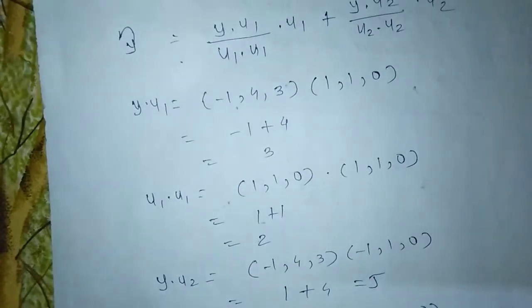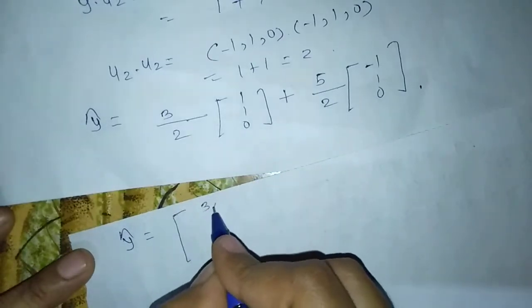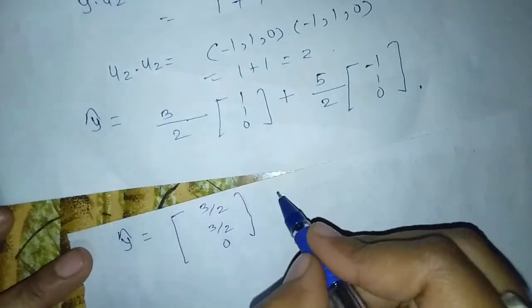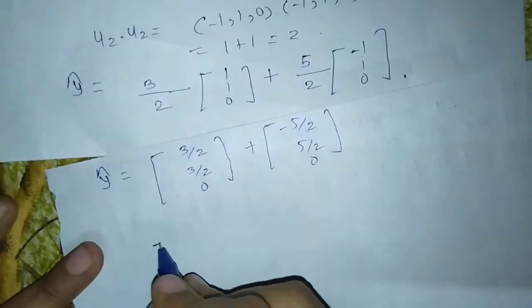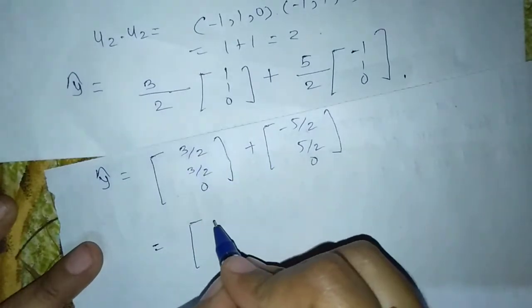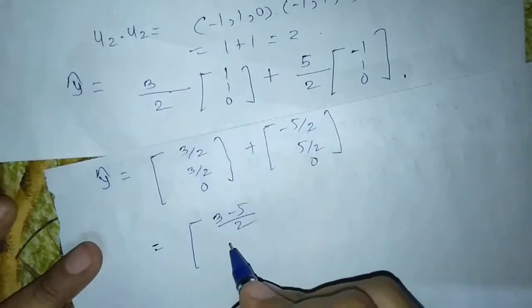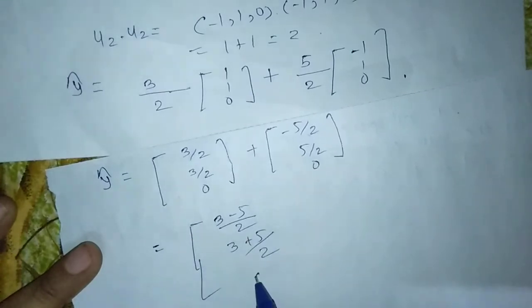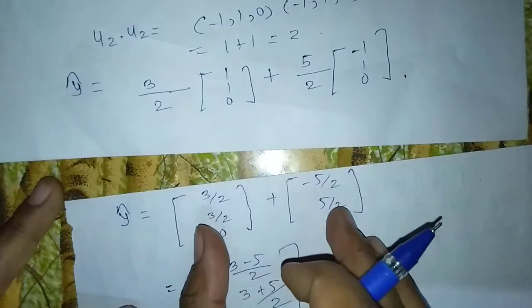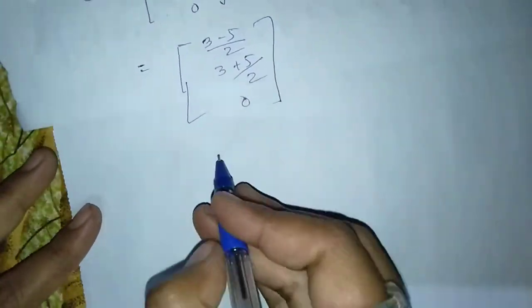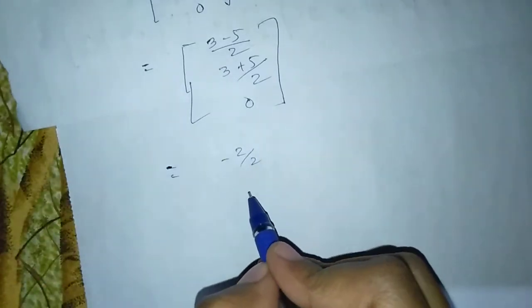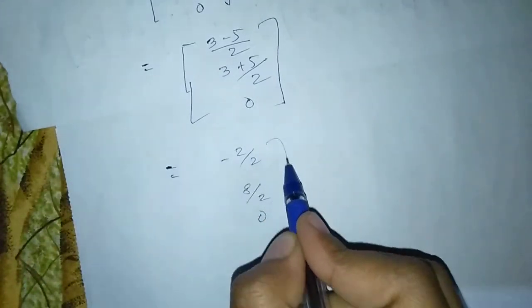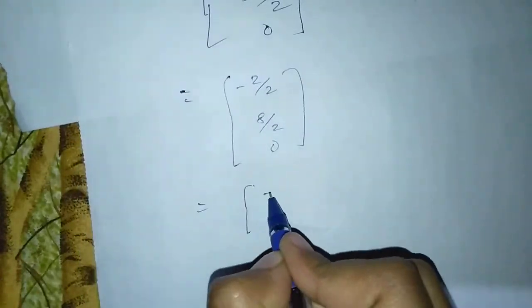So y cap is equal to (3/2, 3/2, 0) plus (-5/2, 5/2, 0), which is ((3 - 5)/2, (3 + 5)/2, 0), because here the denominators are equal, that's why we take direct addition. 3 minus 5 means -2 over 2, 3 plus 5 means 8 over 2, 0, which is equal to (-1, 4, 0).